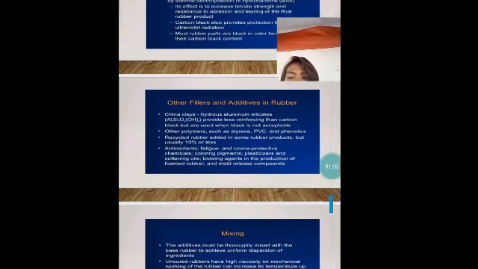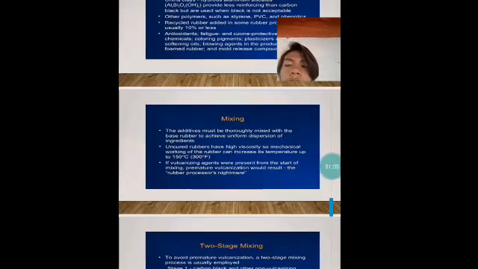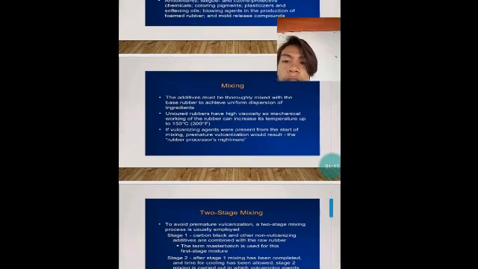So next is mixing. First is compounding, so next is mixing. The additives must be thoroughly mixed with the base rubber to achieve uniform dispersion of ingredients.